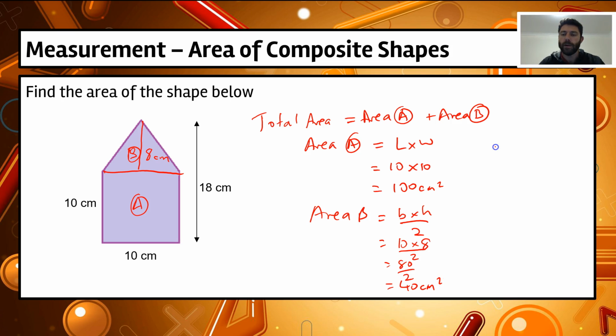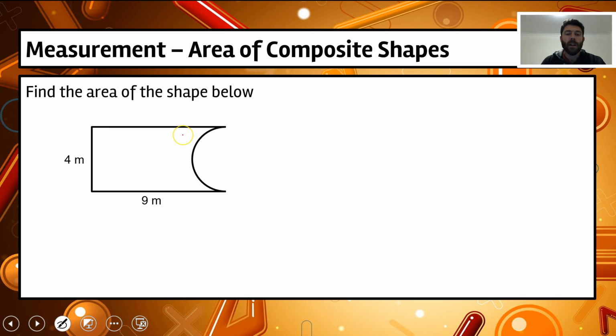So now the total area is going to equal area A plus area B, so that's going to equal 100 plus 40, and that equals 140 centimeters squared.